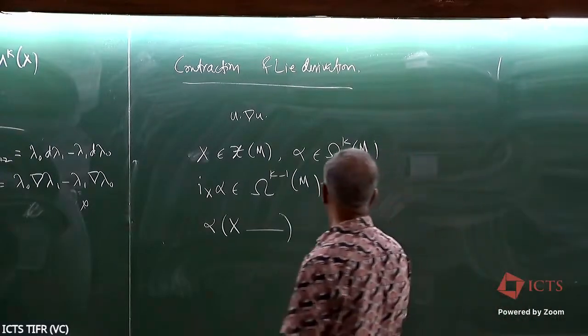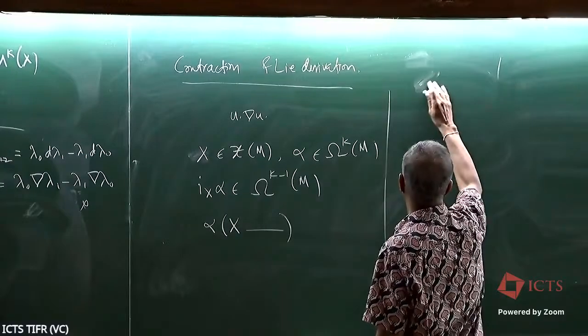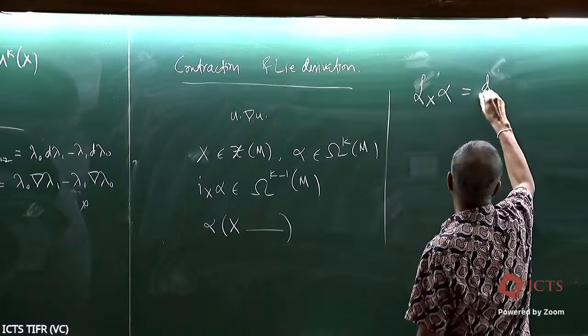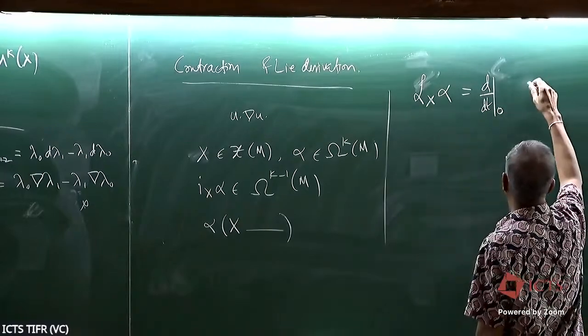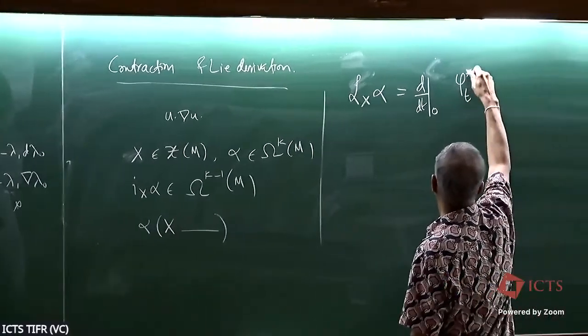And the Lie derivative, I won't be able to give you any more intuition than just the definition. The Lie derivative is d by dt at t equal to 0 of the pullback of the form under the flow of the vector field for time t.